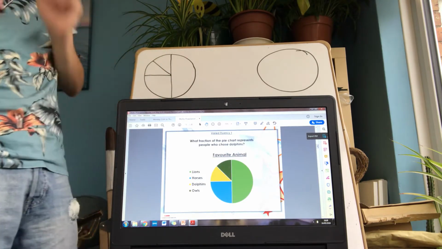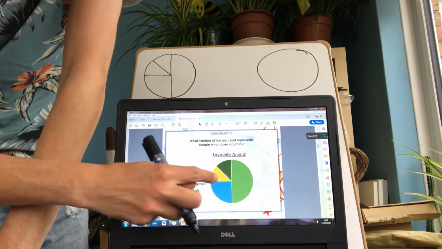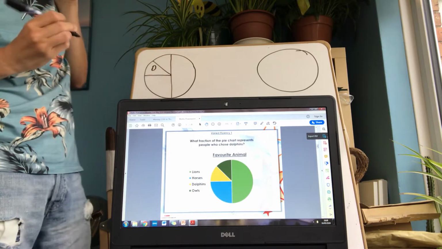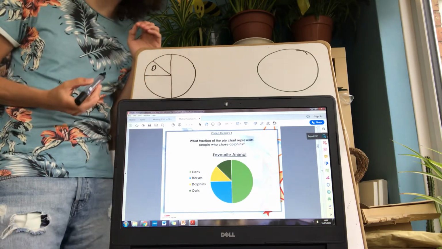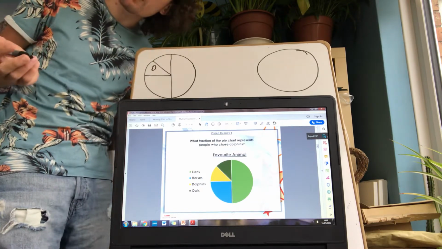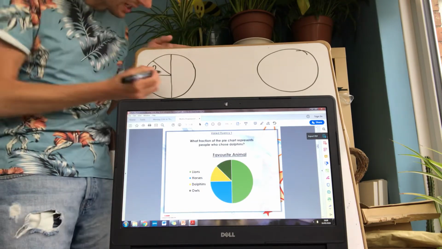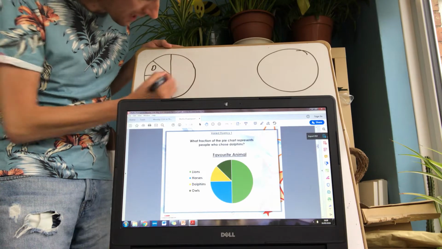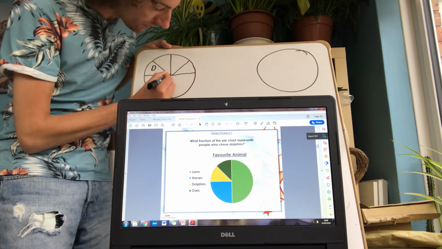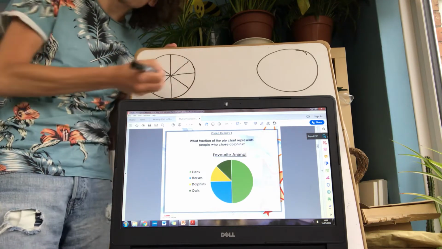So here, we want to know dolphins. So this part is dolphins. So what we need to work out then is, if the entire pie was split into these parts, how many would there be? And that will tell us, won't it? So if we divide the pie into the parts the same size as the dolphin, what have we got?